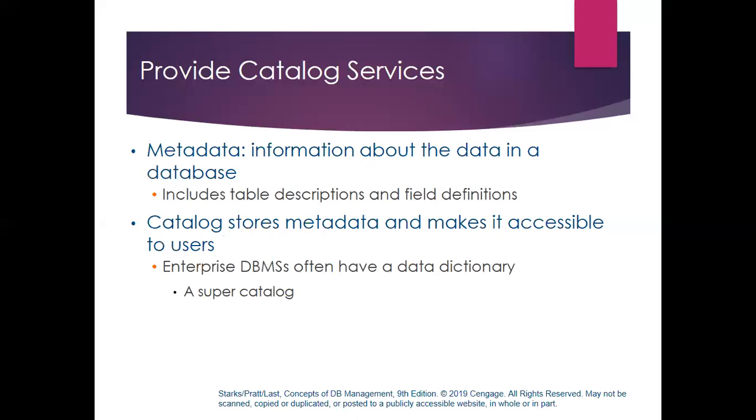Metadata is stored in the catalog, which makes it accessible to users. Enterprise database management systems such as Oracle or DB2 often have a catalog called a data dictionary. The data dictionary serves as a super catalog which contains metadata beyond what has been described so far.